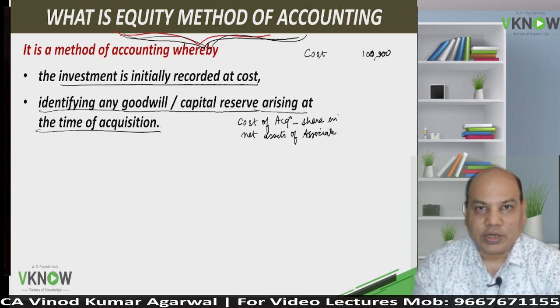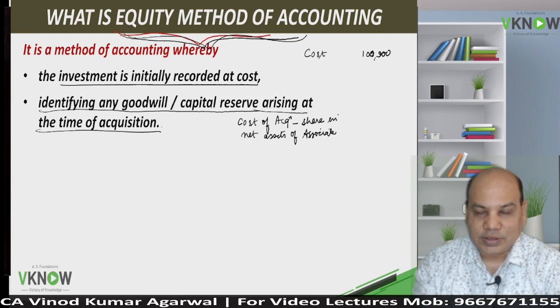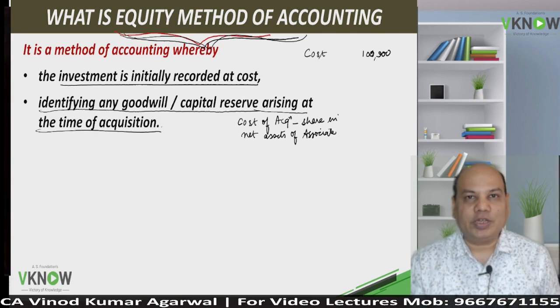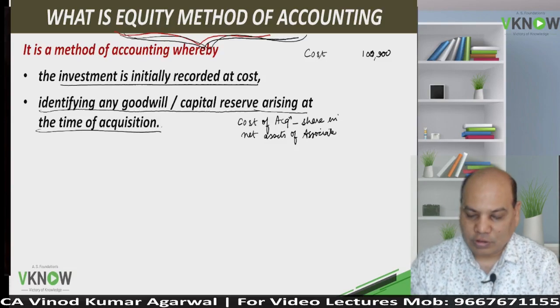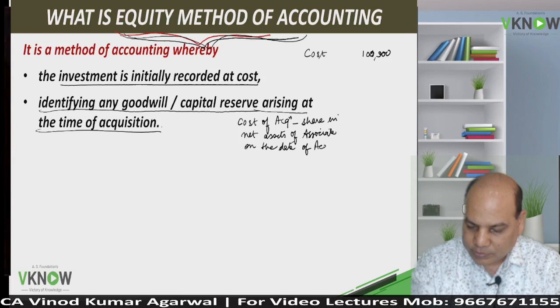In Accounting Standard 21 also we have seen goodwill is equal to cost of acquisition minus share in the net asset of subsidiary. Here we will call it share in the net asset of associate on the date of acquisition.